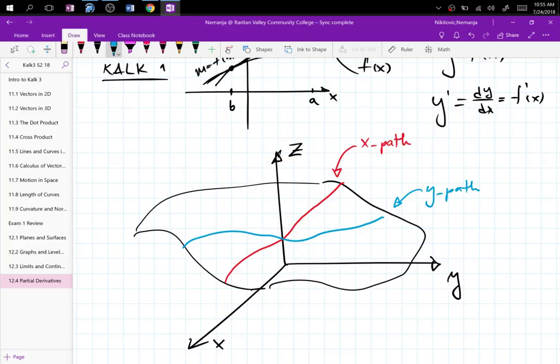So now I can actually extend the x-axis this way. There we go. So this is what we have. This is the x path on the surface, and you have the x-axis underneath.